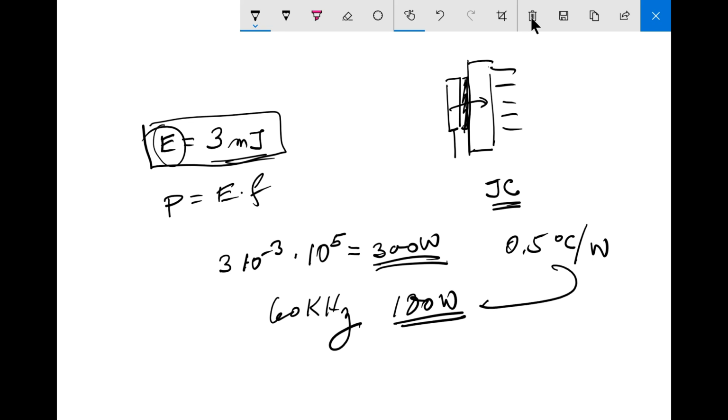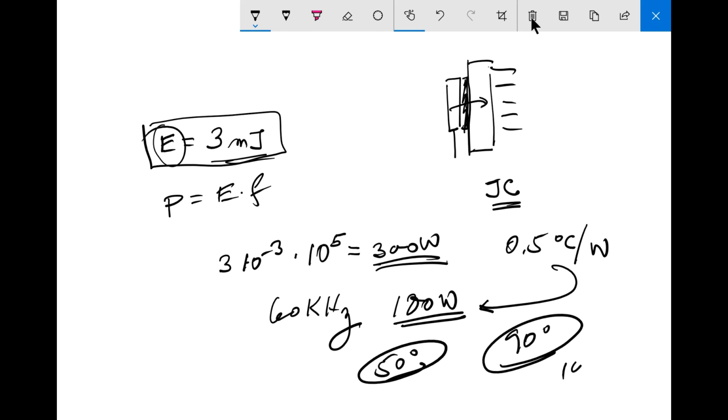So for 180 watts, we're talking about 90 degrees above ambient. So if the ambient is, say, 50 degrees, which is not unreasonable, we are talking about 140 degrees. So this is kind of a limiting factor here, because the maximum junction temperature is 175.